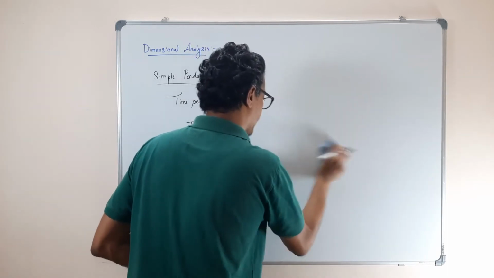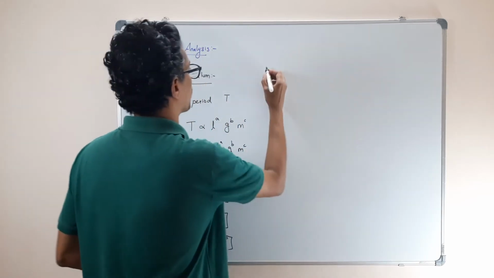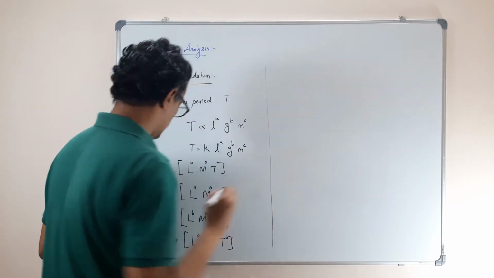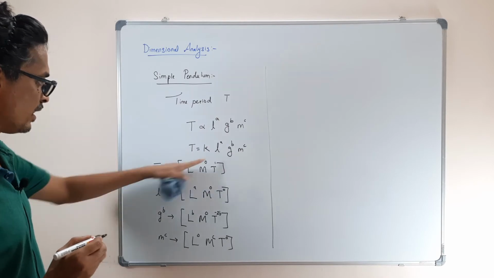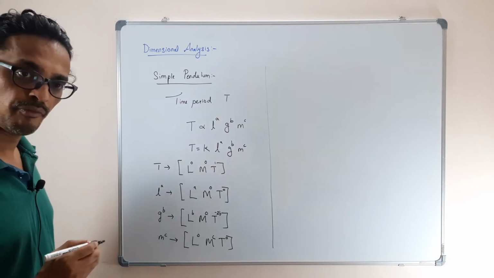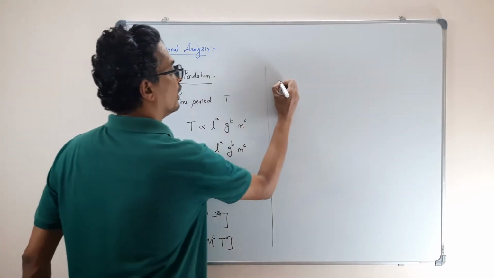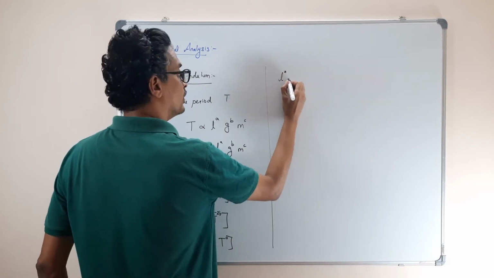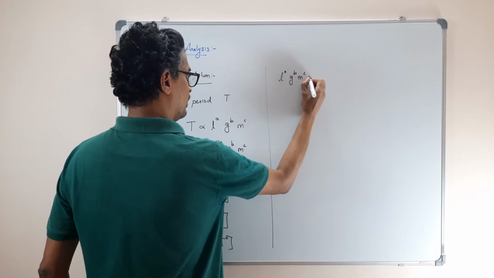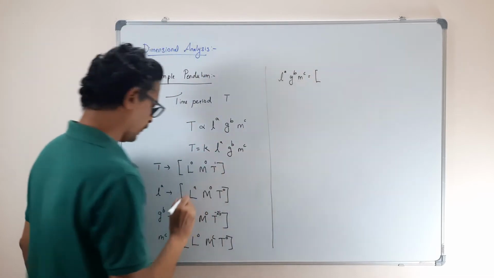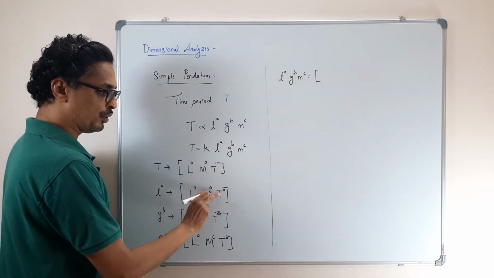Now let us try to find out what we are going to get. So the right hand side is L power A. We have to multiply all three. Correct? So we are having L power A, G power B and M power C, which will be equal to L power A, M0 and T0.